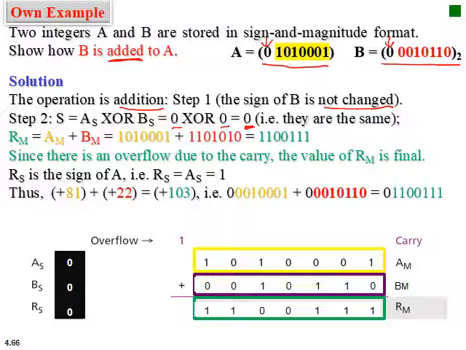In the previous two examples, this result was 1 when we XORed A's and B's, but now in this case it is 0. Therefore, we don't have to do a 2's complement of B's magnitude.